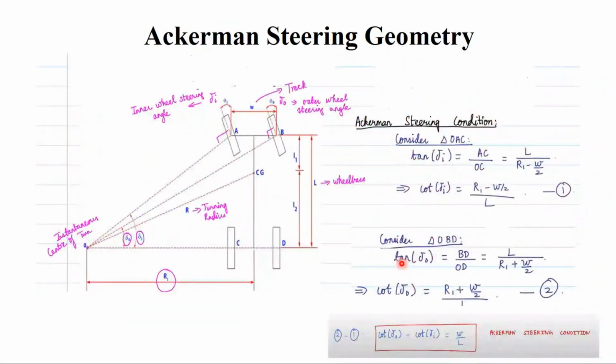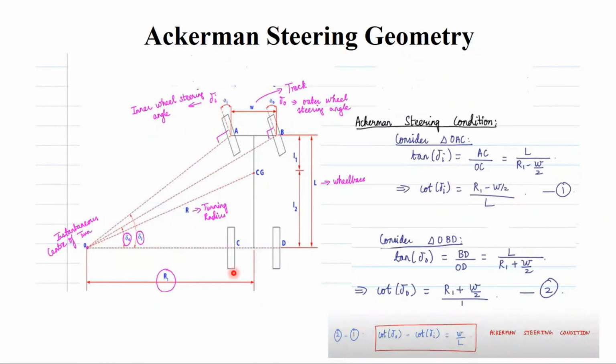Let us go into it in a more detailed way. Assume that this is the wheel A, B, C, D, and the vehicle is turning in the left direction. This is the continuation of the last slide.